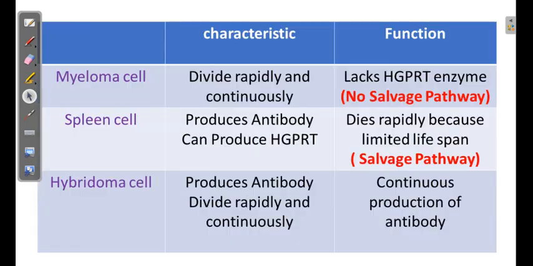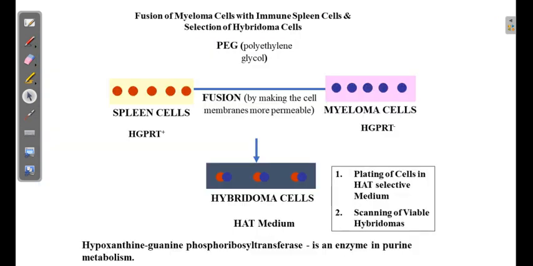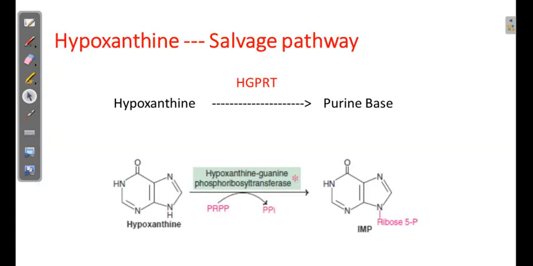To have the salvage pathway, the first thing required is this enzyme, hypoxanthine guanine phosphoribosyl transferase, which can convert hypoxanthine into inosine monophosphate, and which subsequently converts into adenine and guanine. So if a cell doesn't have this, they can no longer follow the salvage pathway.